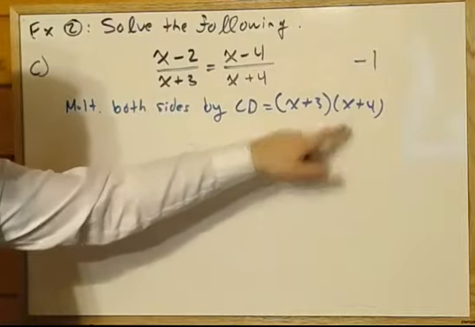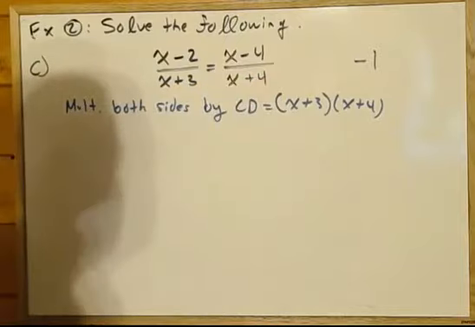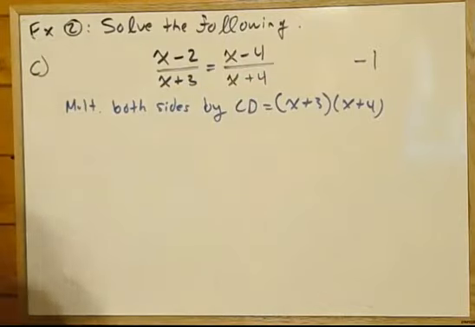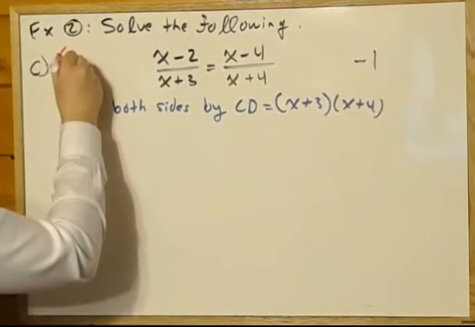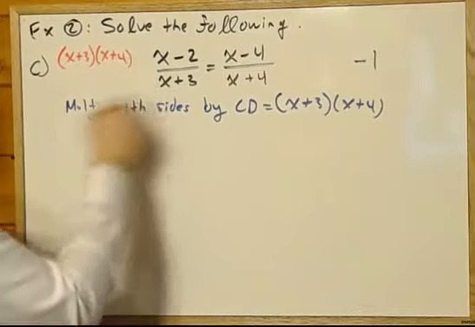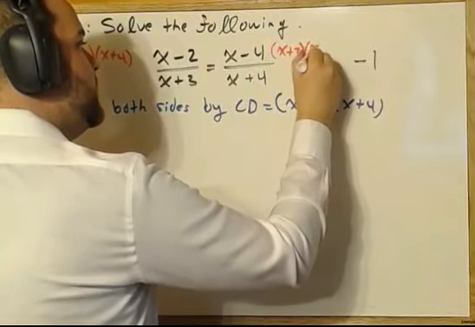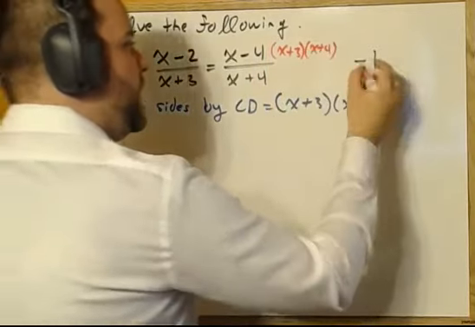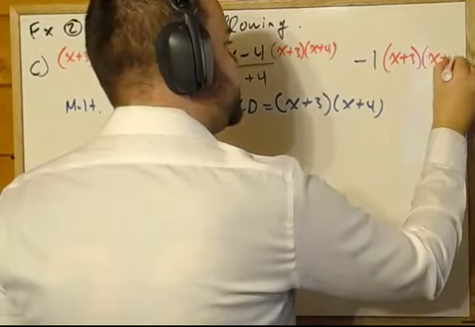So it'll be x plus 3 times x plus 4 onto 1, 2, and 3 terms altogether. And so let's write that in. So here it'll be x plus 3 times x plus 4, another x plus 3 times x plus 4, and here x plus 3 times x plus 4.